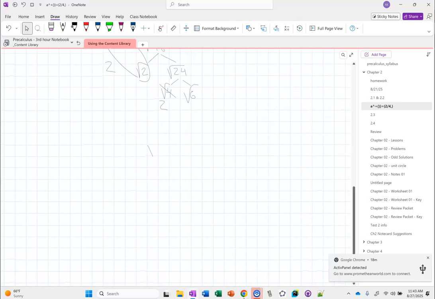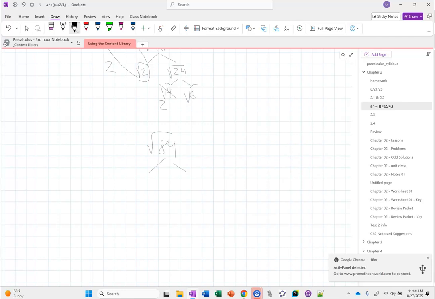So I would just start by doing a quick breakdown. Root 4 is just 2. 21 is 7 times 3. Those are both primes. That's as simple as I can do for square root 21, it's just square root 21.